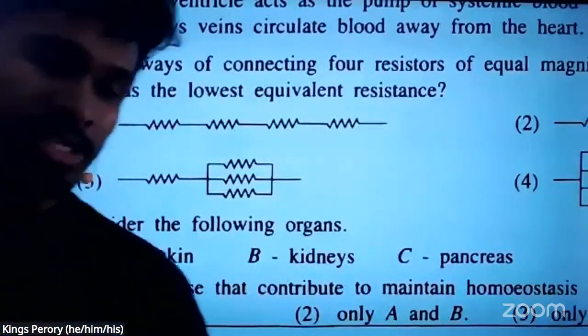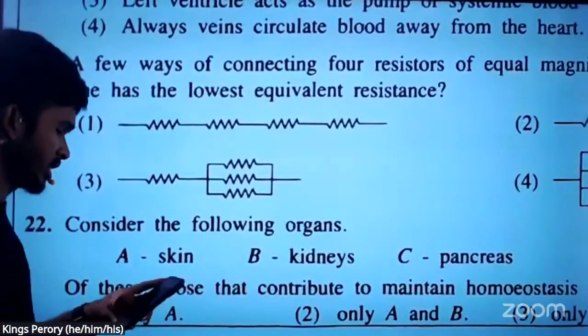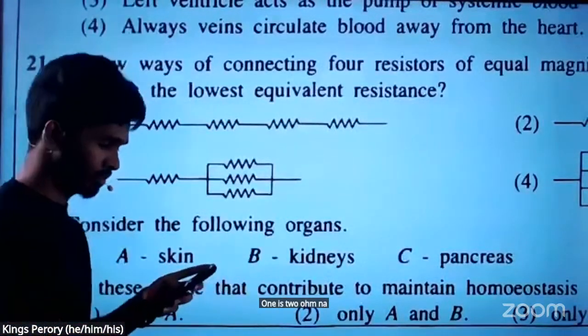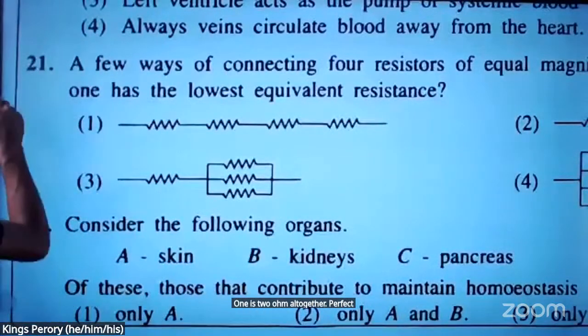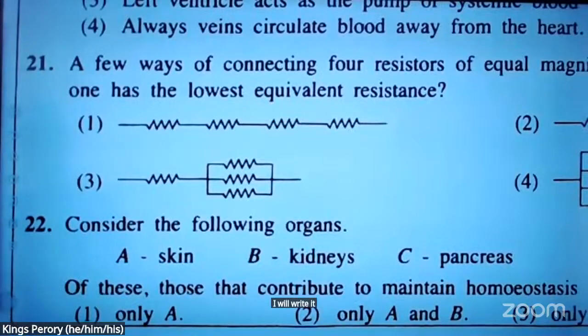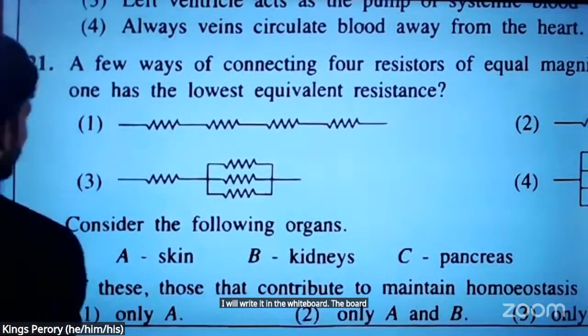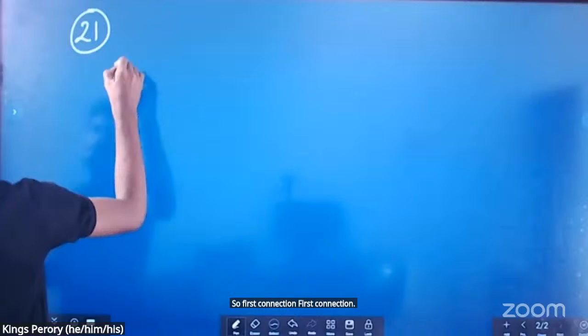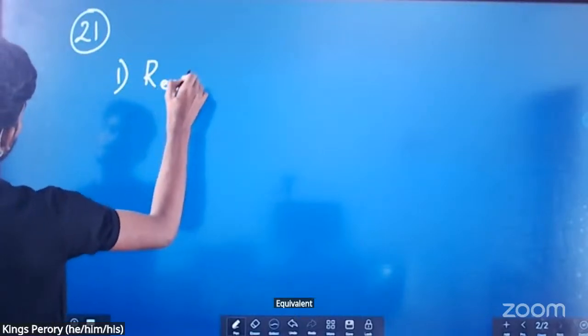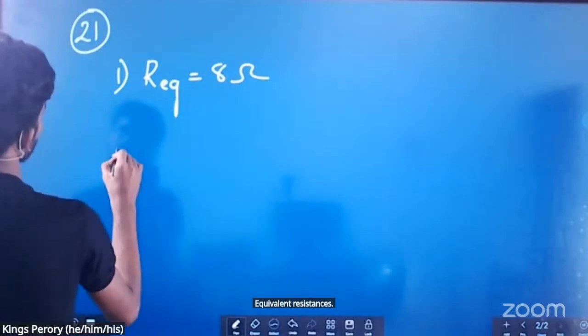Perfect, 8 ohm. So for the first connection, our equivalent resistance is 8 ohm.